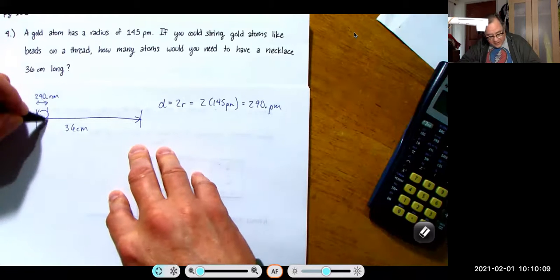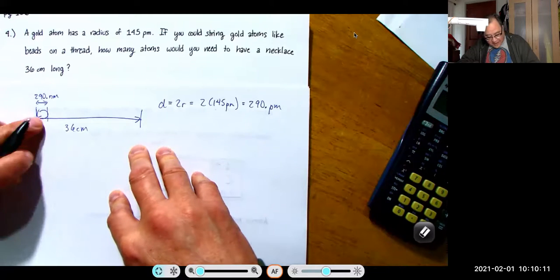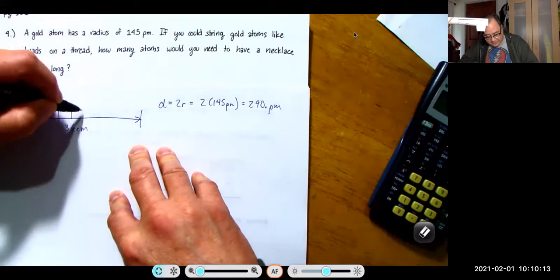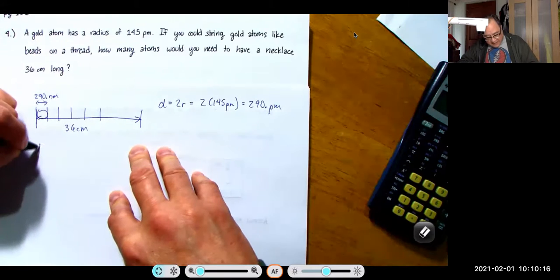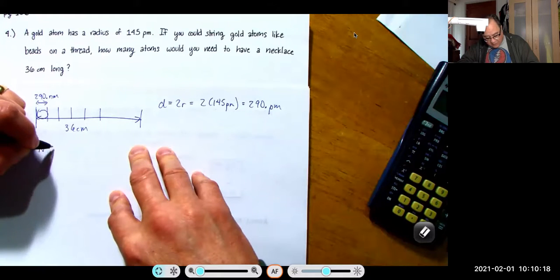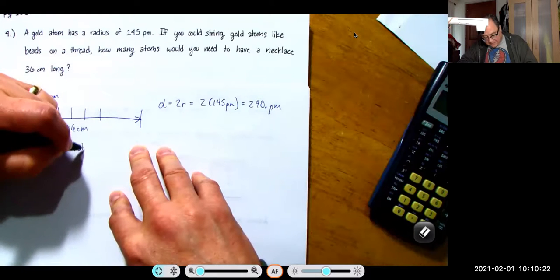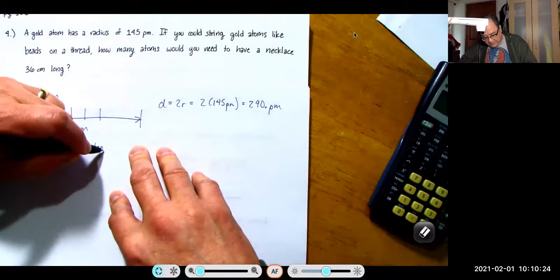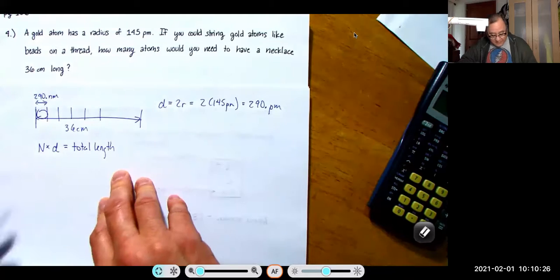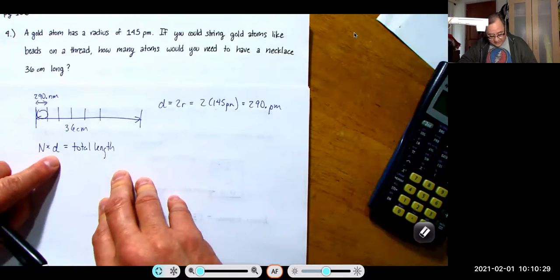If we take the number of atoms times the diameter of one, that should equal the total length. That makes sense, right?